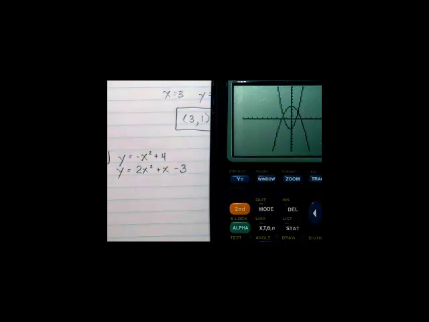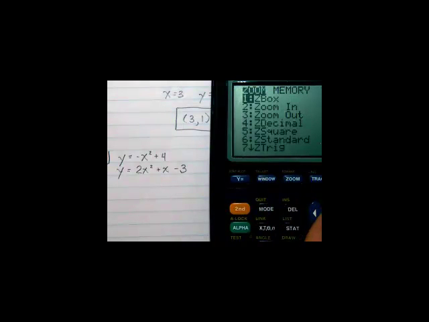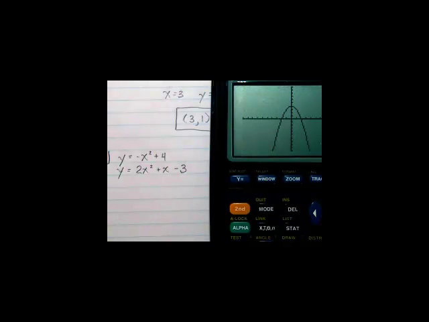Should look something like that when you're done. If your graph is not in the same window as mine, if you just go zoom and then number 6, Z standard, it should look like mine then.